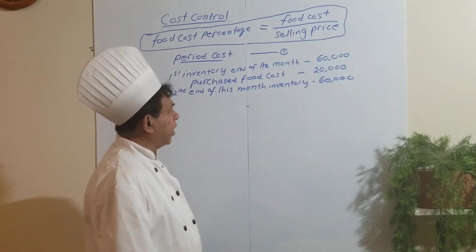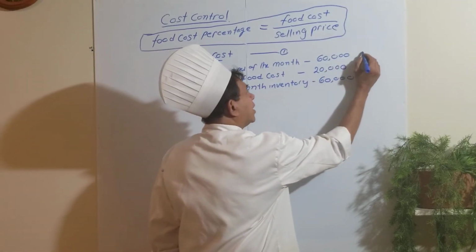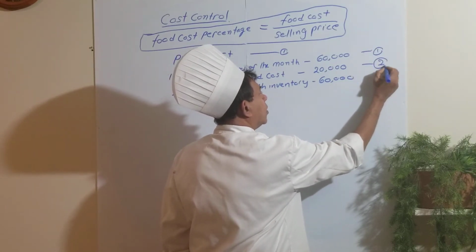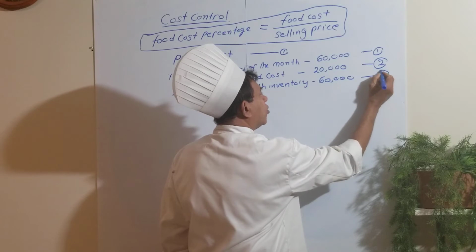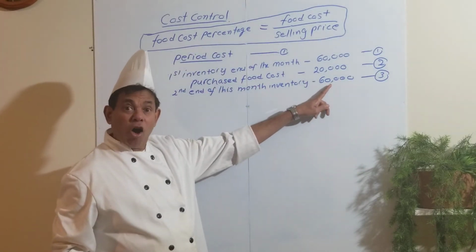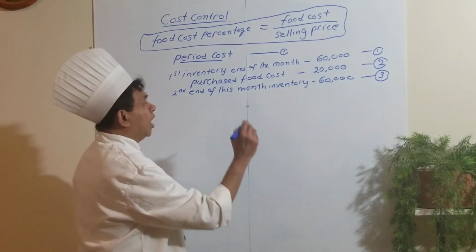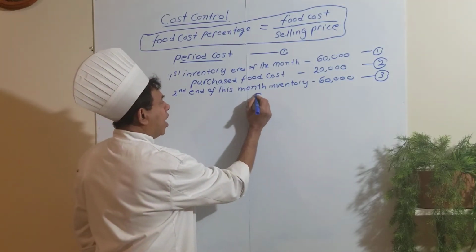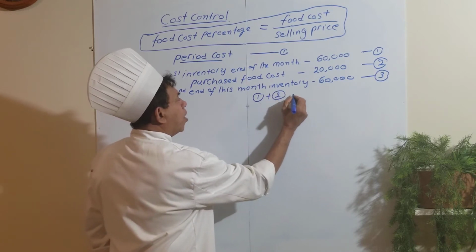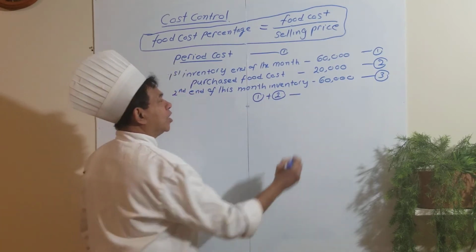To get that figure, if this is number 1, this is number 2, and this is number 3, how do I find my cost? I get number 1 plus number 2 minus number 3.